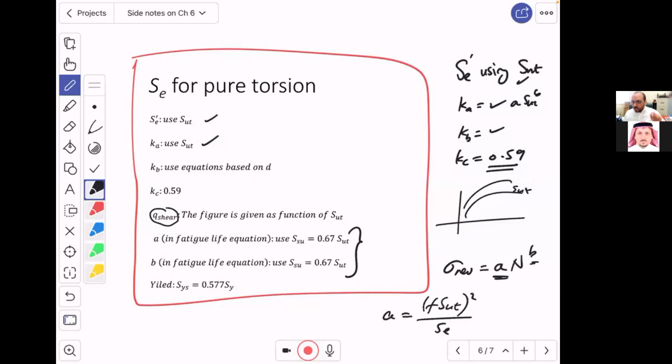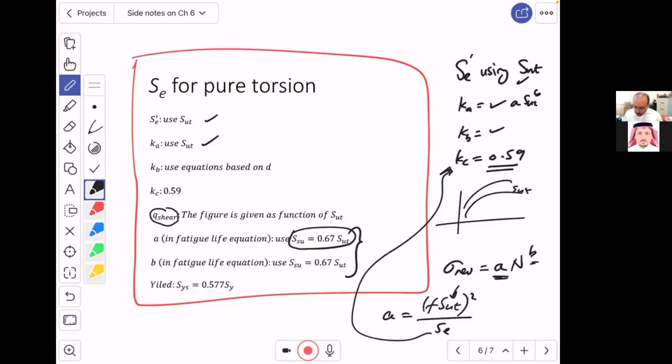Now, SE is corrected for shear because you multiplied it by 0.59. But what about the ultimate strength here? You should convert it to shear, and this is what you should use. SSU, the shear ultimate, is 0.67 multiplied by the ultimate tension.